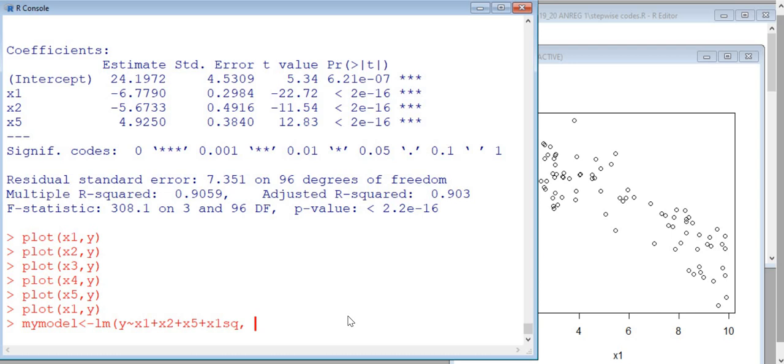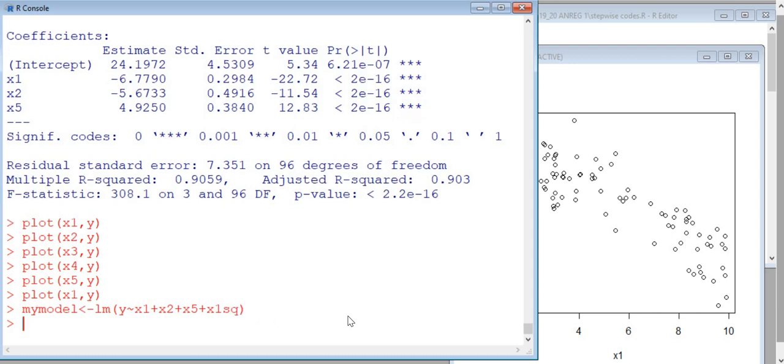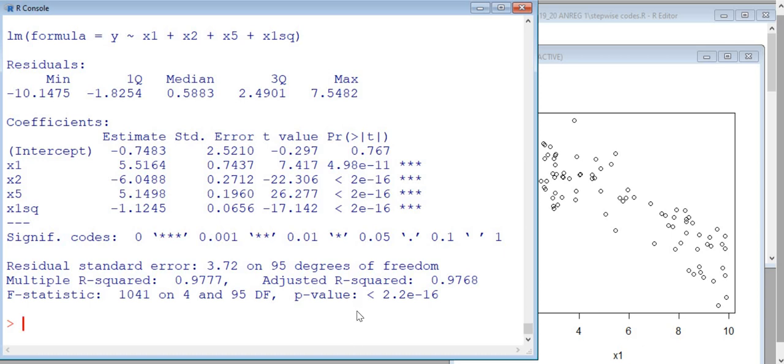Okay, and then let's see the summary of my model. Compare it with the one that I used to generate y. So here we can see now the estimates are close to the designed ones when we generated the model.